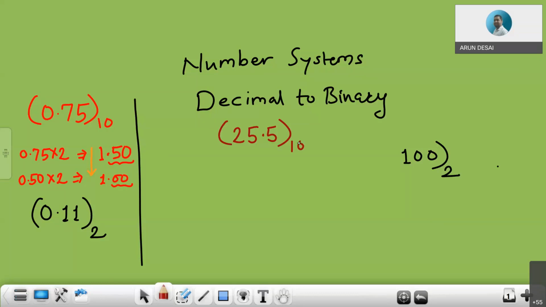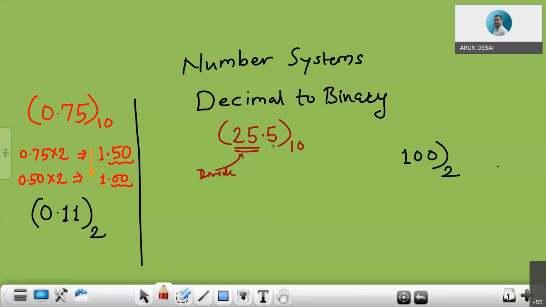Okay, 25.5 converted to binary. Now there are two parts. One is integer and another one is fractional, wherein for 25 you need to divide, right?